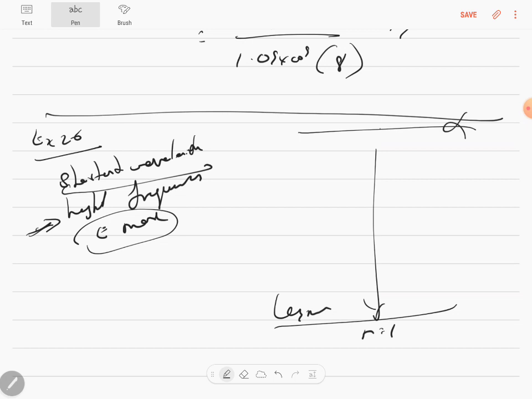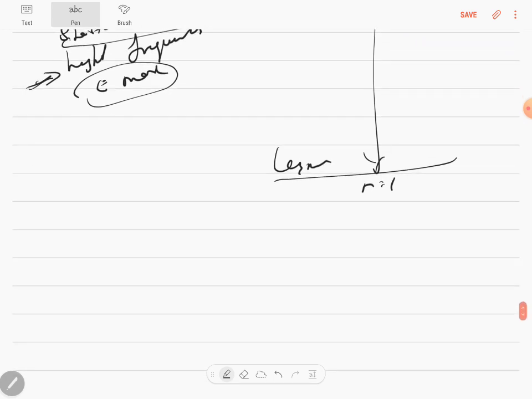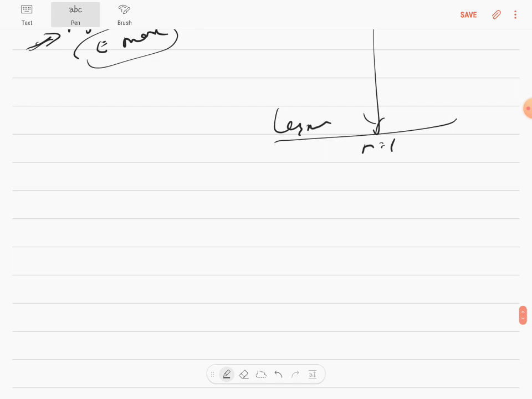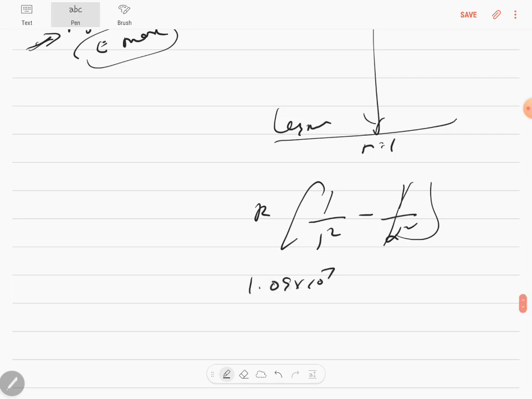Are you clear? So then, the question here: calculate the shortest wavelength of the Lyman series. So n is equal to 1. It has to jump from infinity. And you know the formula is R into 1 by 1 square minus 1 by infinity square. 1 by infinity is anyway 0. R itself is 1.09 into 10 to the power 7 by 1. That will give me 1 by lambda.